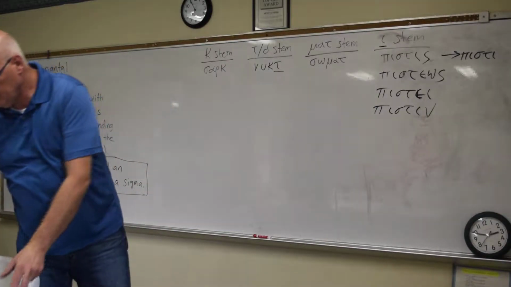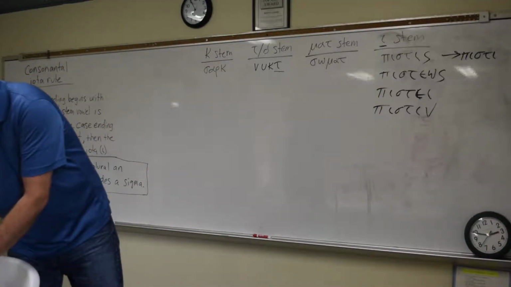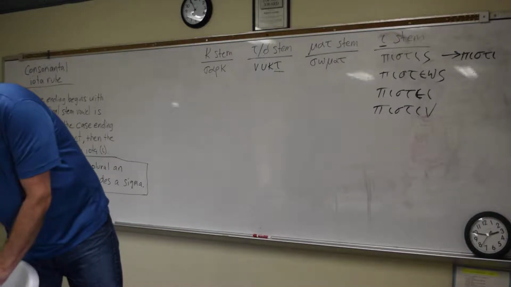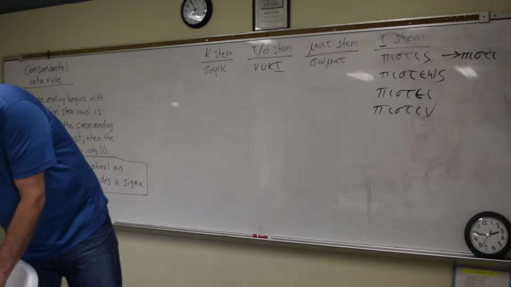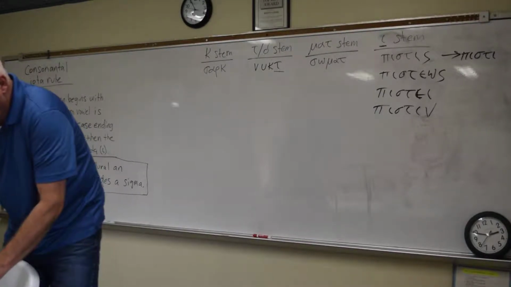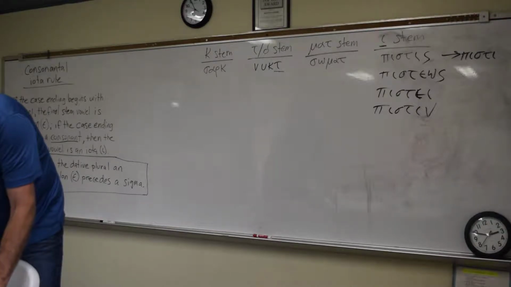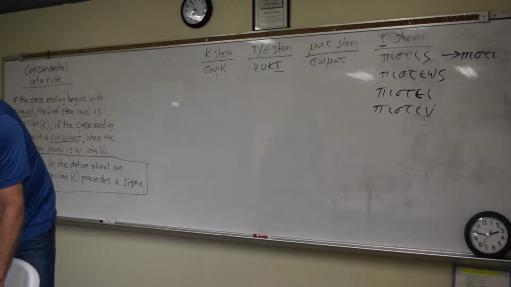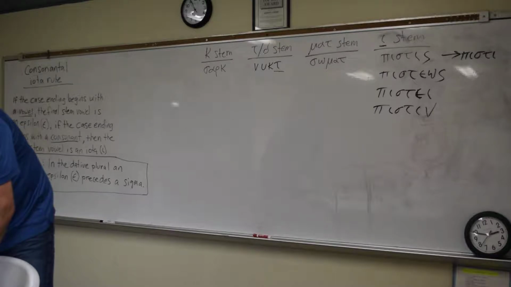So you would change the iota to an epsilon. So then it would be epsilon, epsilon, sigma, or would you just do epsilon, sigma? Or would it be eta? Oh yeah, eta. It would be eta, sigma, too. I'm gonna find something here real quick. Did the iota change to epsilon before? I don't know.